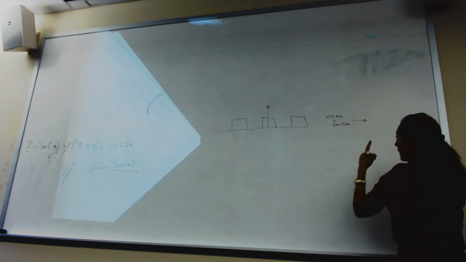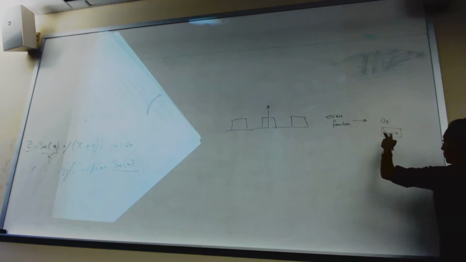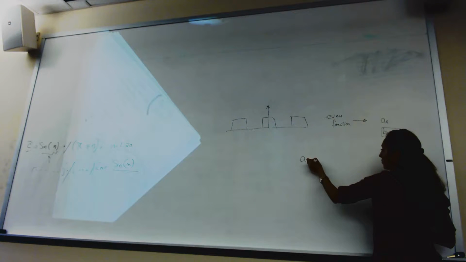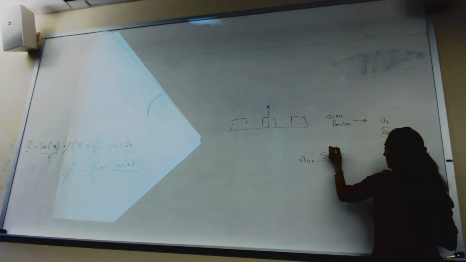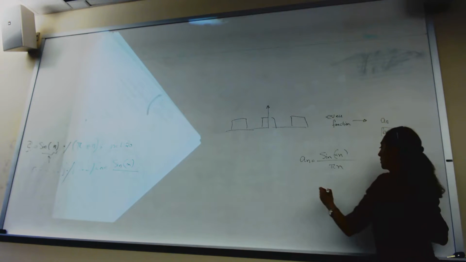So as you know, when it's even, you only have cosine, so you have an, but your bn is 0. Now if you work on this, your an looks something like sine of some constant times pi n, over n. So how does this look?